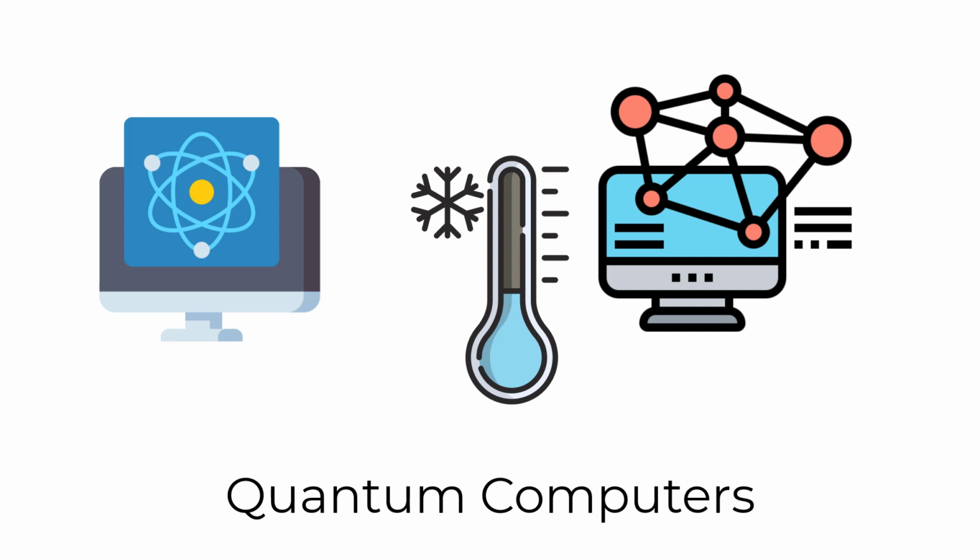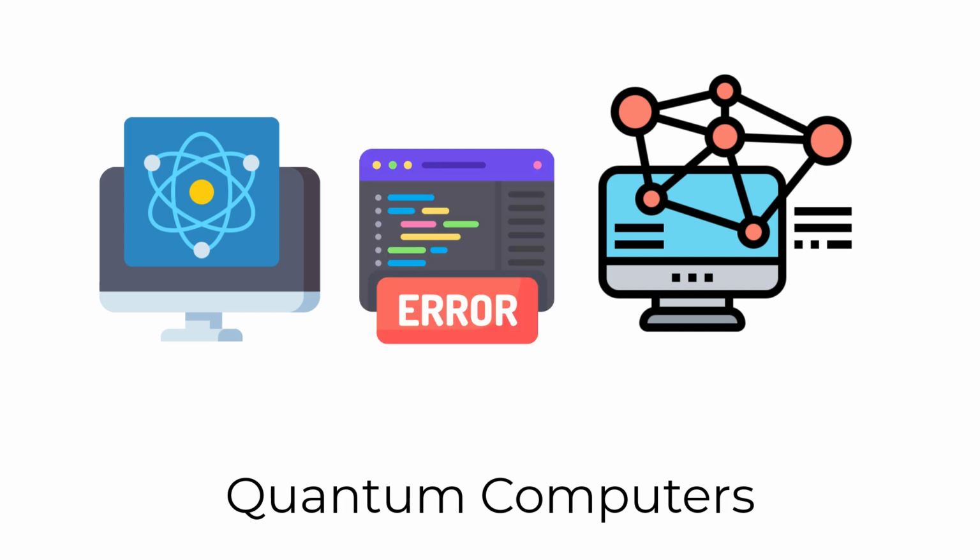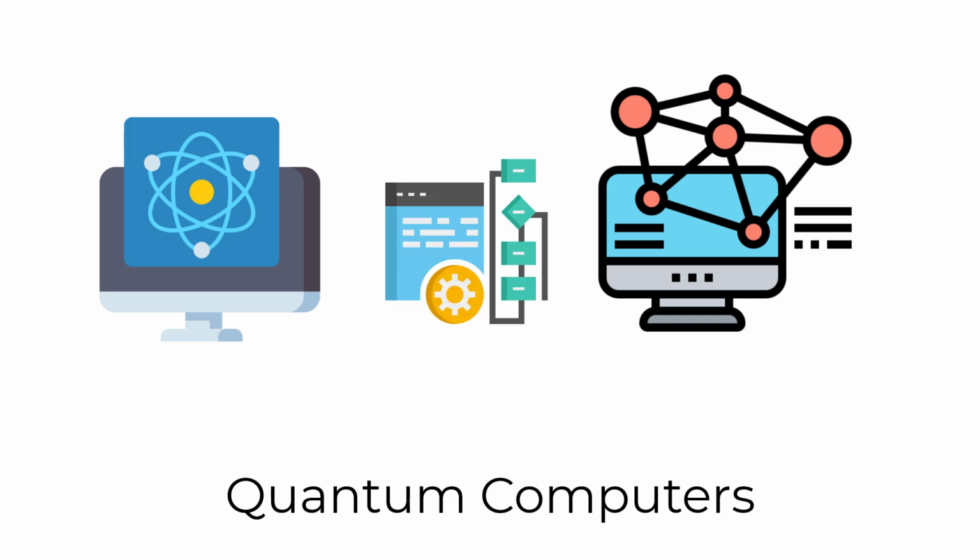Quantum computations are prone to errors. Every system has its own errors, and developing effective error correction techniques is crucial and harder in the case of quantum computers. Developing practical quantum algorithms is also a challenge. While some quantum algorithms have been developed, many more are needed to realize the full potential of quantum computing.